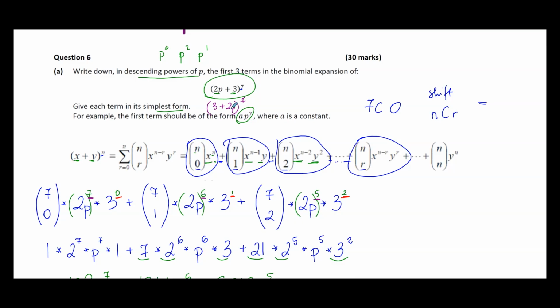Jesus, that is a tongue twister. Again, the first number goes down in powers, and the second number goes up in powers, yeah? Okay, I hope I didn't confuse you. I hope you got that.